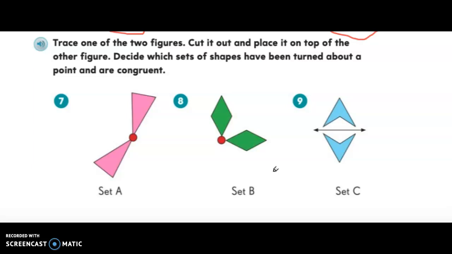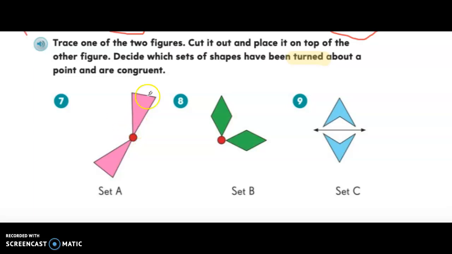Now, last one we're going to look at on this page, we are deciding if these are turns. Okay, now remember, like I was saying, a turn, you're looking at that point. Think of it, if you're a basketball player, that pivot, you have one foot down and you have the other foot that spins. Okay, so we want to think based on this point, if we turn this shape, would it be congruent?